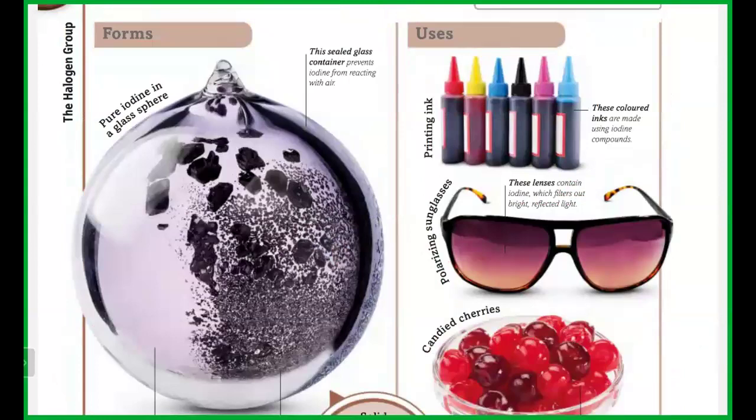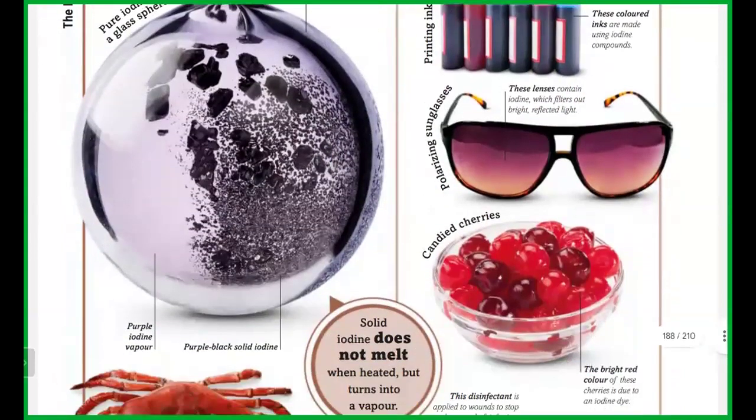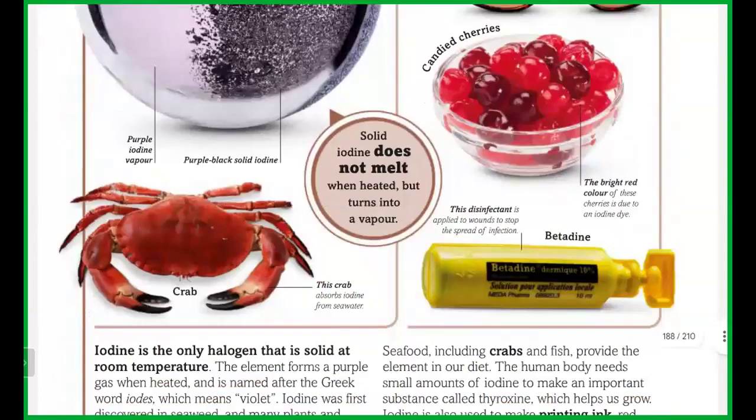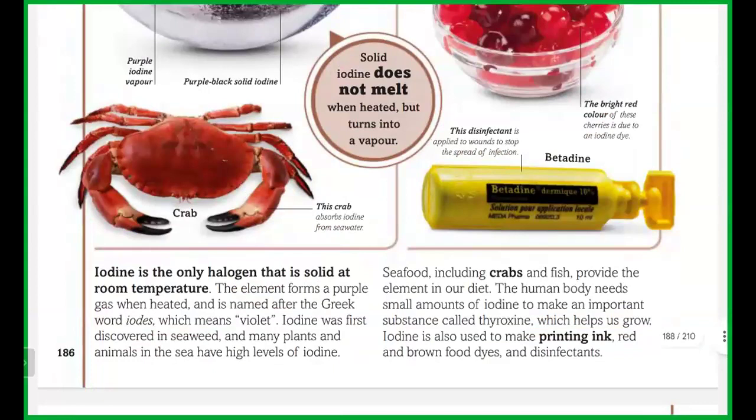Colored ink for printing inks are made using iodine compounds as well. So iodine is the only halogen that is solid at room temperature.